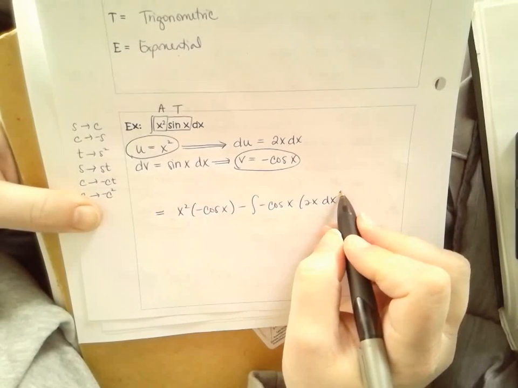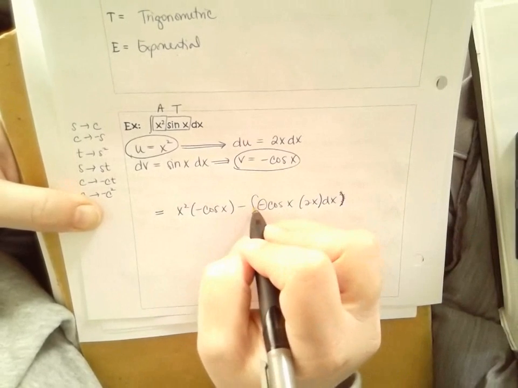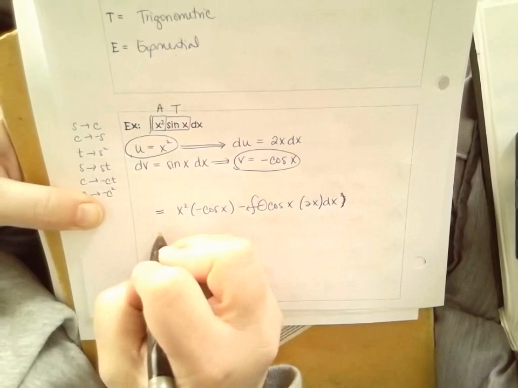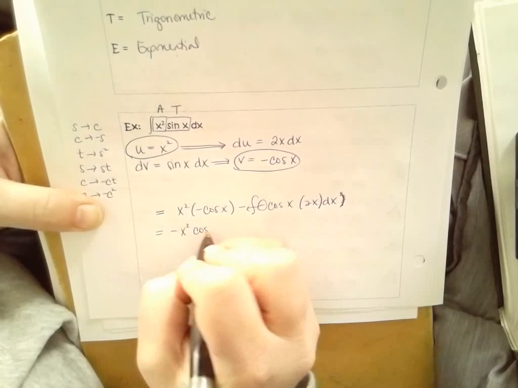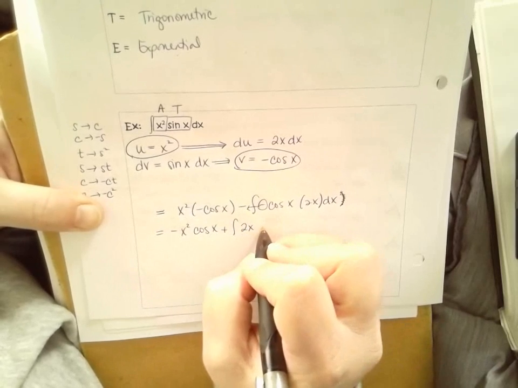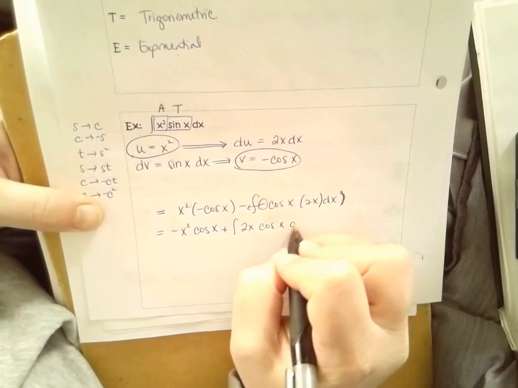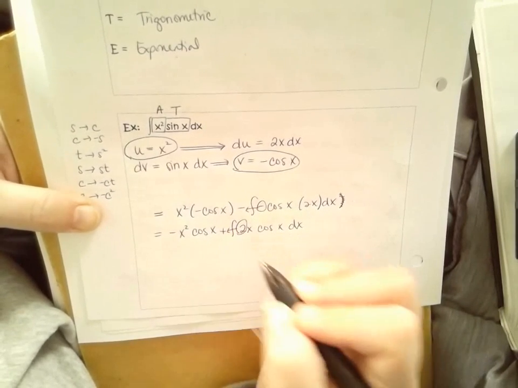I guess I don't need the parentheses here. Put it here instead. Bring this out, clean it up a little bit, and this is what I have. Negative x squared cosine x plus the integral of 2x cosine x dx. And actually I can bring the 2 out as well.